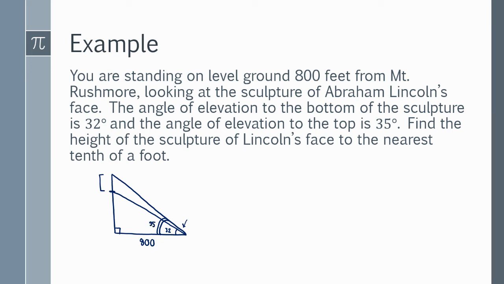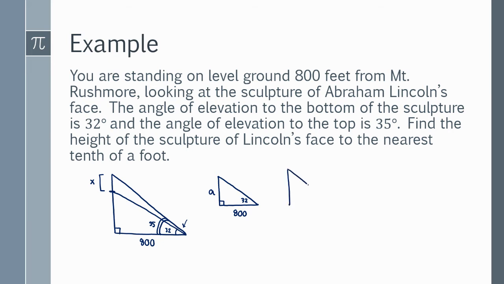Okay, so essentially we want to find the height of the sculpture of Lincoln's face. So we want to figure out x, but that little x is not actually inside of the right triangle. So we can separate this. We have two different triangles. We have 800, and let's call that 32-degree angle. We want to find, let's call that side A. So that's the height down to the bottom of Lincoln's face.